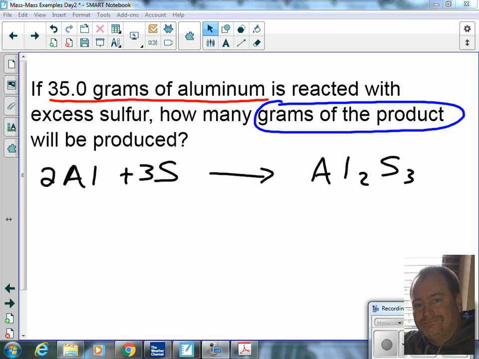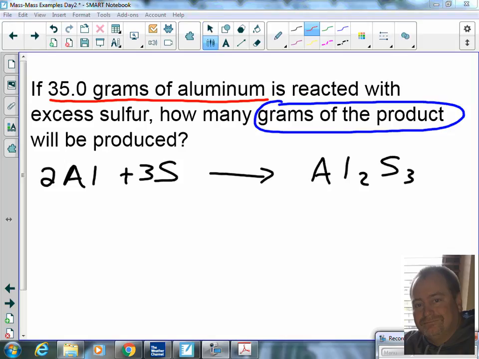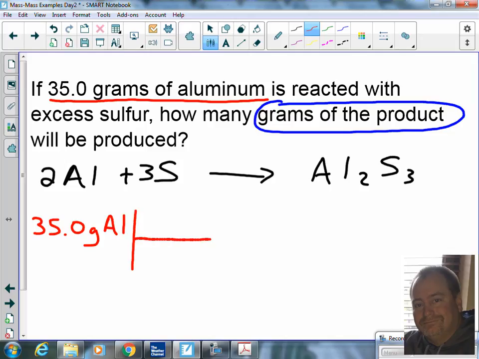So, now we have the molar masses. Sean, what's the next step? Convert mass of the known substance to moles. So, I'm going to take 35.0 grams of aluminum. Now, folks, I'm going to round my number, and the only reason I'm going to round my molar mass is so I have enough room to write it on the board.